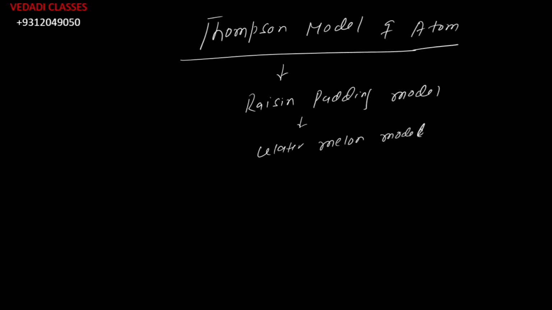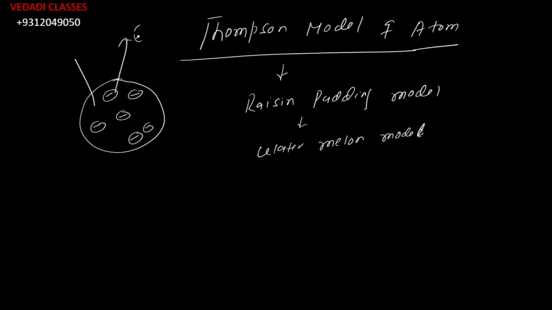Now J.J. Thomson has told that this is the atom. Now these are negatively charged particles over here. When you cut the watermelon, inside there are seeds. The black seeds are known as electrons, and there is the red pulp, that is known as the positive sphere.